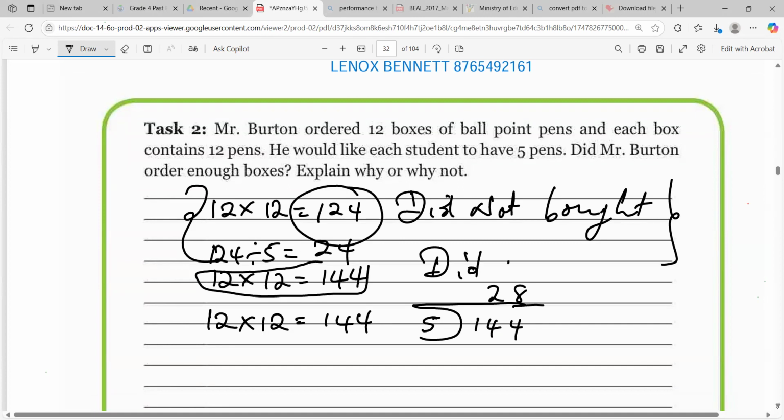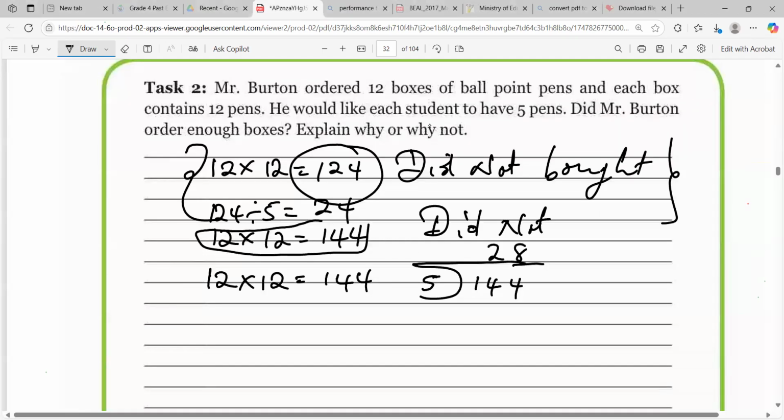Let me take one more person. I think it was Brian. All right, go ahead, Brian. Sir, first, I said I would multiply the amount of boxes against the amount of pens in the box.